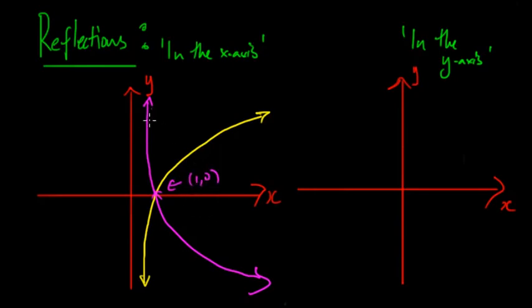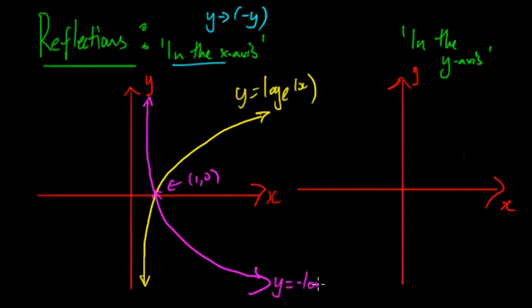So reflecting in the x-axis, you can see that. So what happens to the equation? Well, when you're reflecting in the x-axis, you're replacing y with negative y. So that means this equation here will go from y is equal to log e x to y is equal to negative log e x. And you can see the change there.